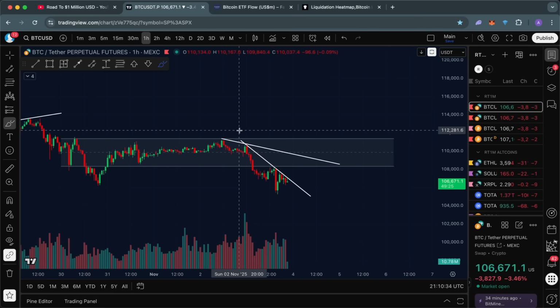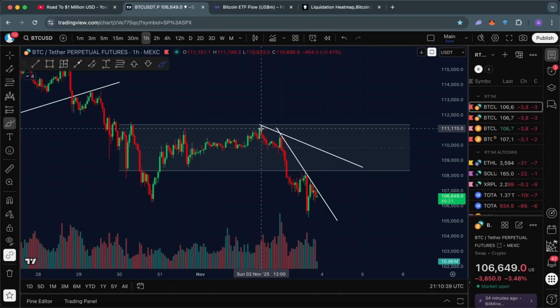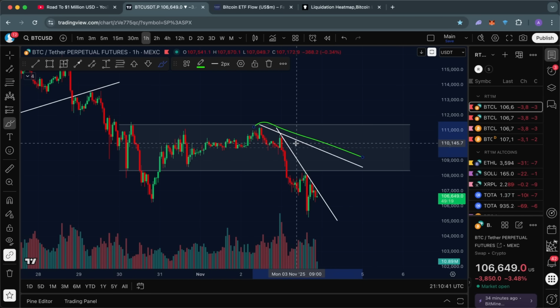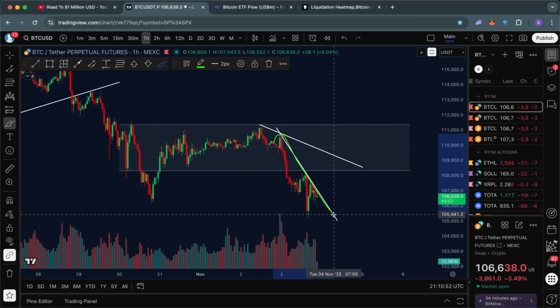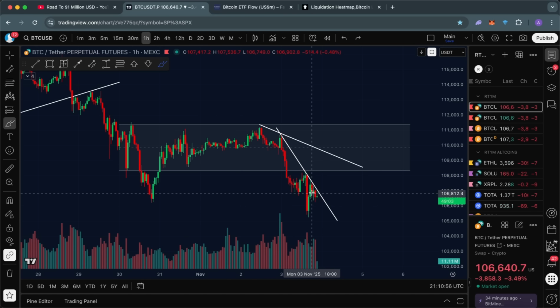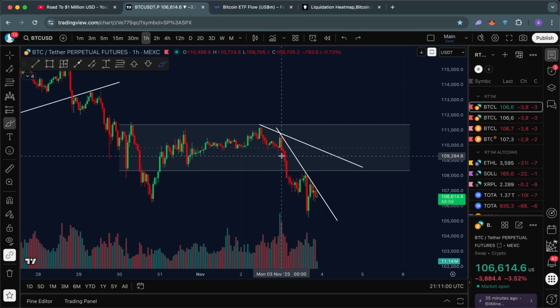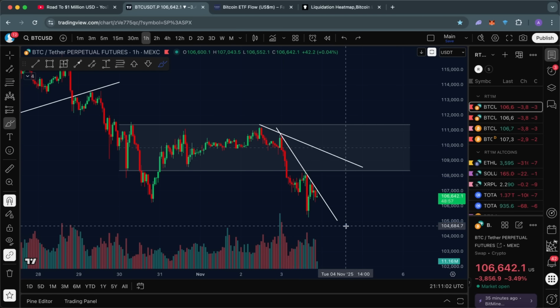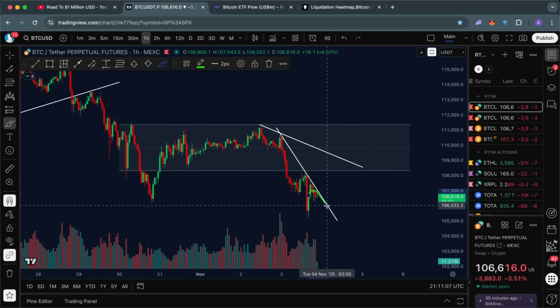Right, so with that out of the way, what are some things that we could be taking a look at on the lower time frames? First of all, this 1-hour time frame, we are just in a technical downtrend, and right here you can see another descending trend line. Now this descending trend line is very, very steep. So I am expecting that over the next 24 hours or so, we are likely going to see a break of this descending trend line. For now, though, we haven't broken it yet.